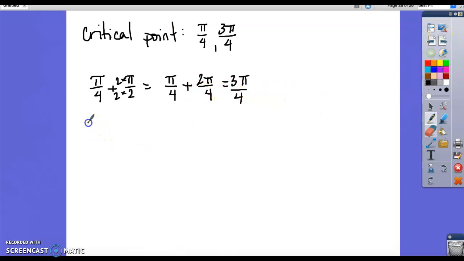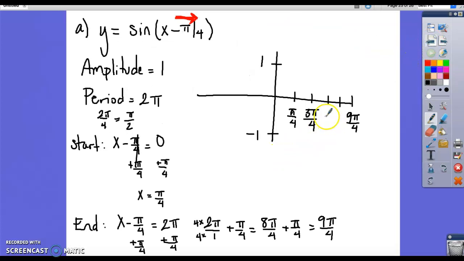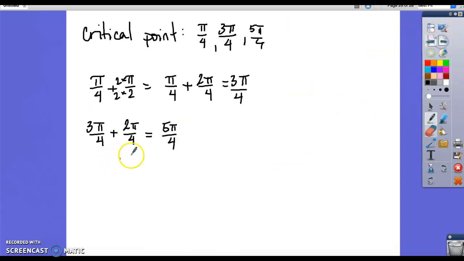Then to find my next one, 3 pi over 4 plus 2 pi over 4, because that's pi over 2 with common denominators, that's 5 pi over 4. And then I take 5 pi over 4, again, plus 2 pi over 4, which is 7 pi over 4.